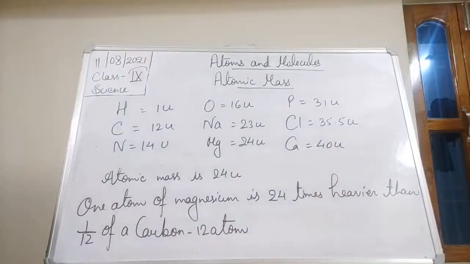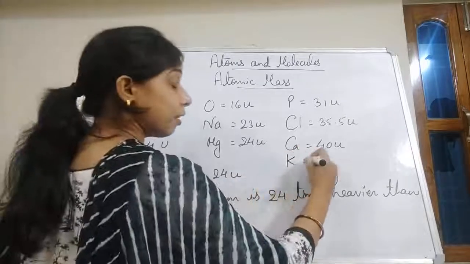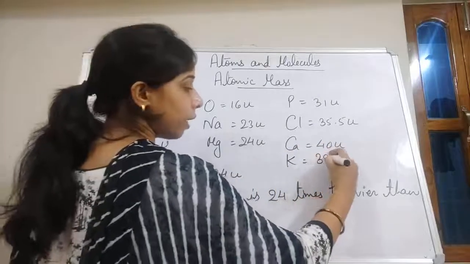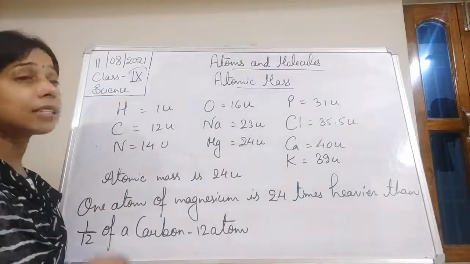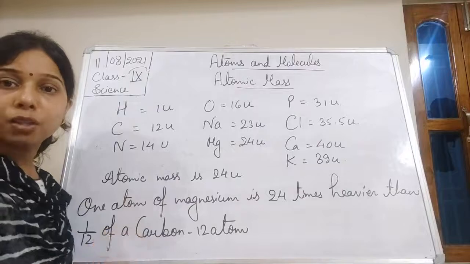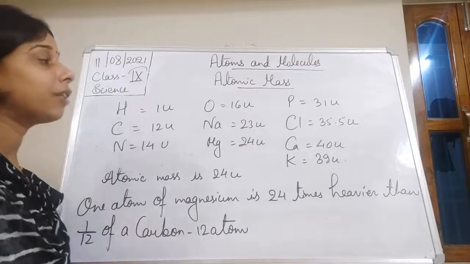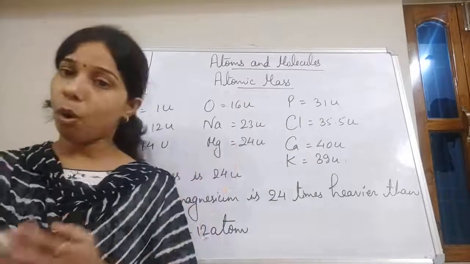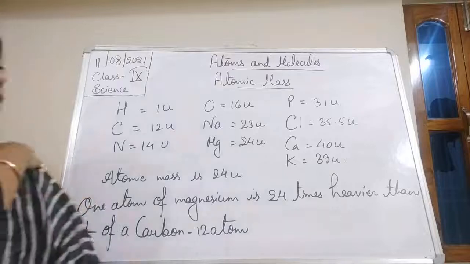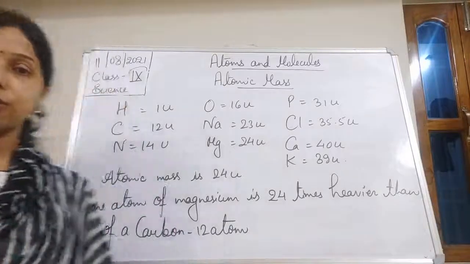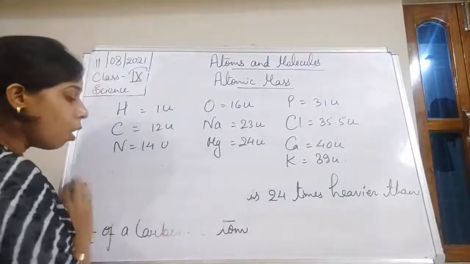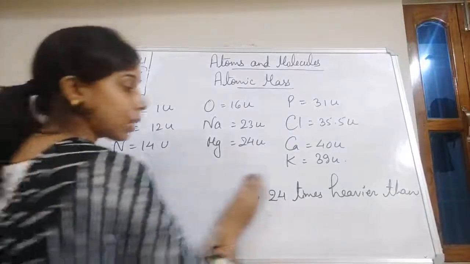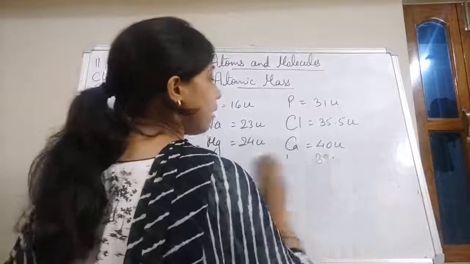Then potassium is actually 39 point something, so here we are taking it as 39 u. So these are some examples of elements having different atomic masses. All the elements have a different atomic number as well as a different atomic mass. So up to 20 you must know the different elements as well as their atomic masses.